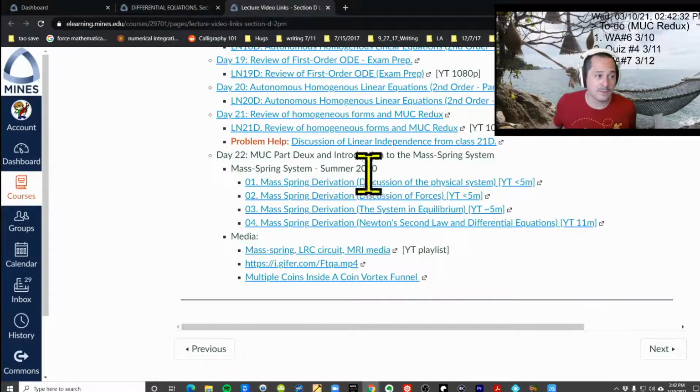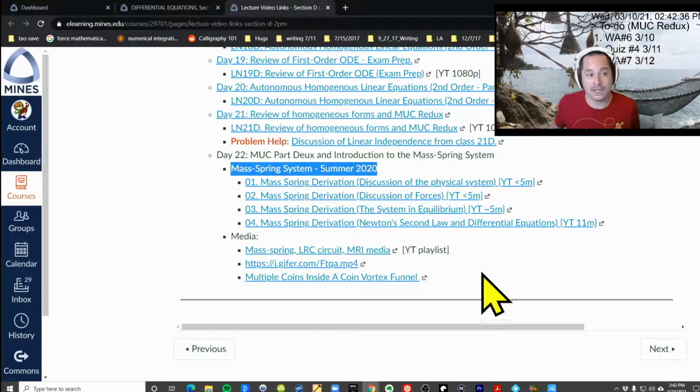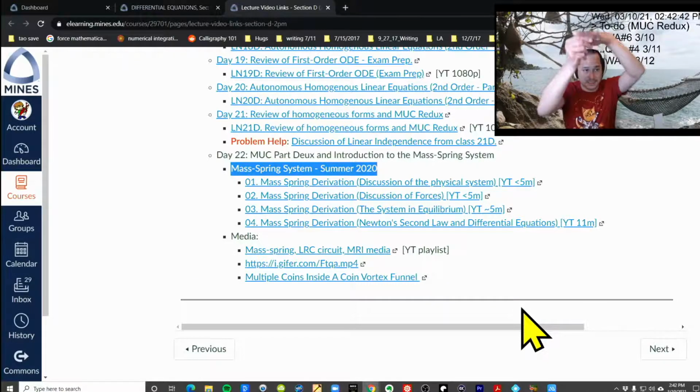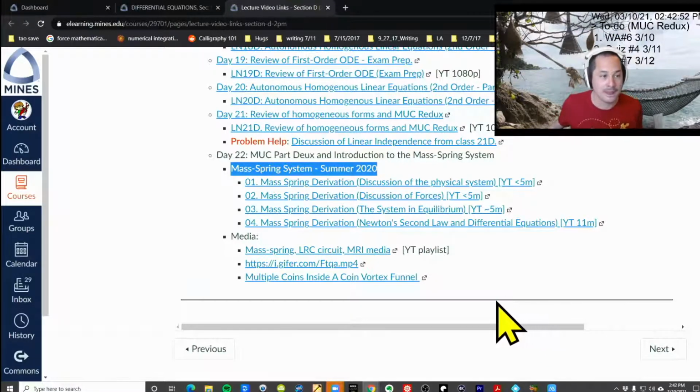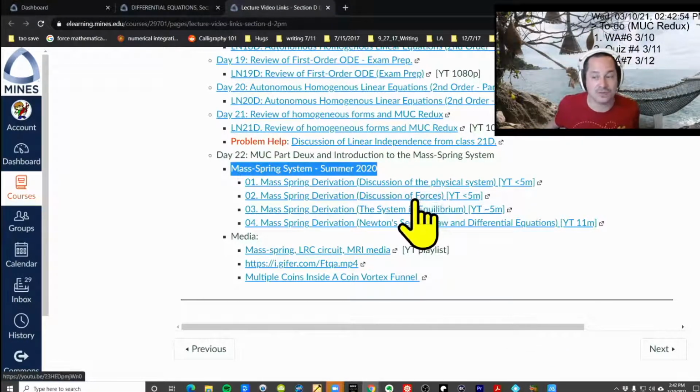From the summer of 2020, I did a very lengthy derivation of the following situation. Take the ceiling, attach a spring to it. The spring is ideal. Put a mass on that spring. You can pull the spring mass down and let it go, and you can observe the oscillations. Okay?